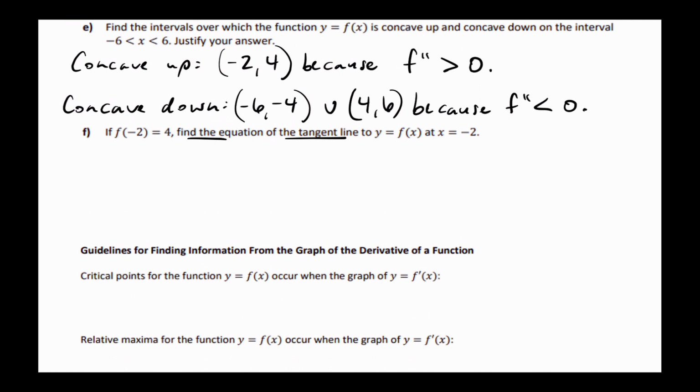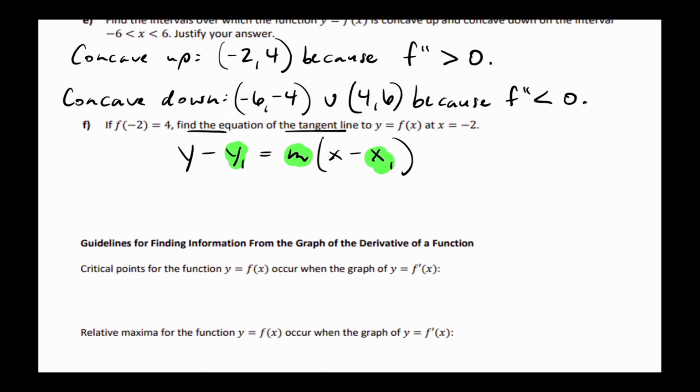So y minus y1 equals m times x minus x1, right? And we need to fill in the green guys.